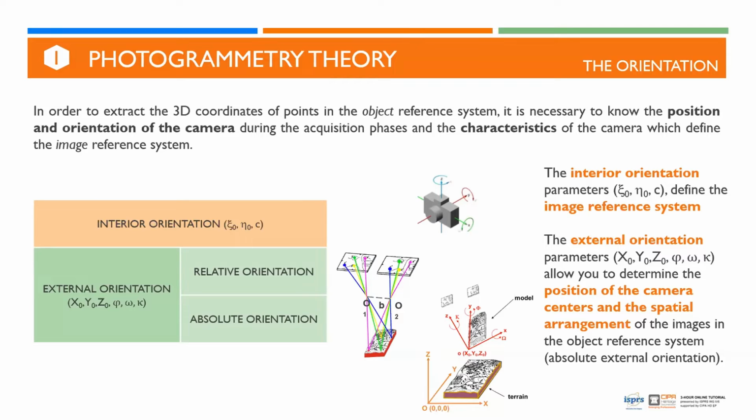How can we do it? Thanks to the ground control points or some targets that you are going to collimate in the photogrammetry software during the photogrammetric pipeline.